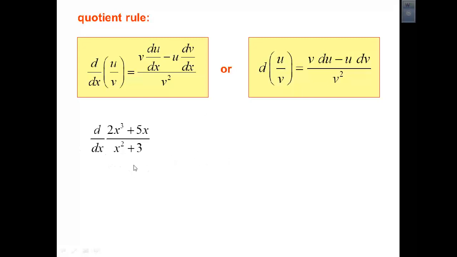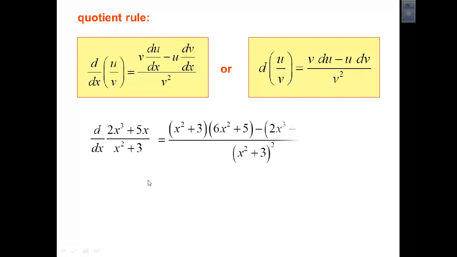So with a situation like this, we would do bottom times the derivative of the top, so x squared plus 3 times 6x plus 5, minus top times the derivative of the bottom, which would be 2x. Notice that that's very similar to the product rule, except that we've got a minus in between. And then over the bottom squared, which is x squared plus 3 quantity squared.